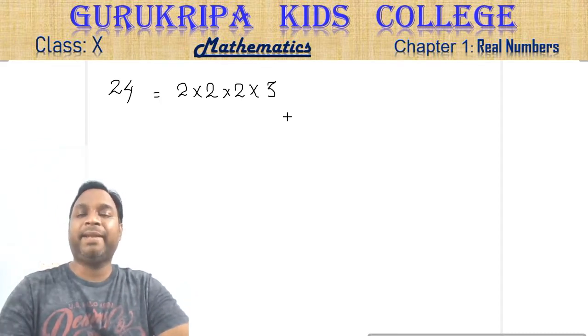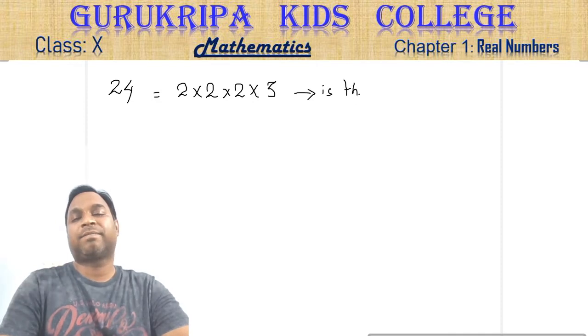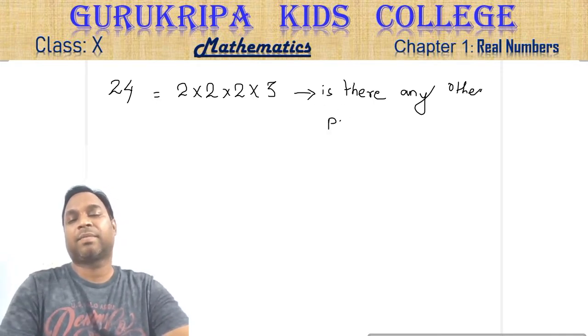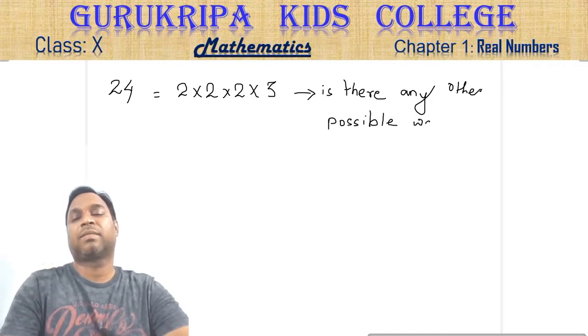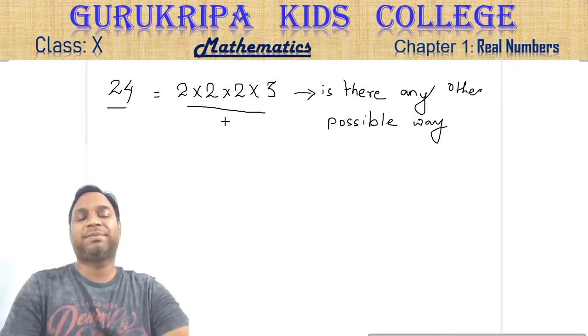Now, is there any other way possible to express 24 as a product of primes?